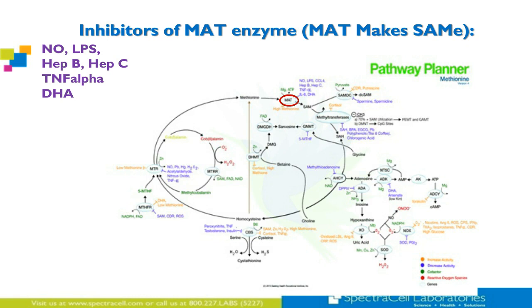For example, let's look at this MAT enzyme. Everything that is in purple on this map are inhibitors. And for the MAT enzyme, too much nitric oxide, LPS, lipopolysaccharide, from gram-negative bacteria, from abnormal pathogens in the GI tract, for example, hepatitis B, hepatitis C virus.